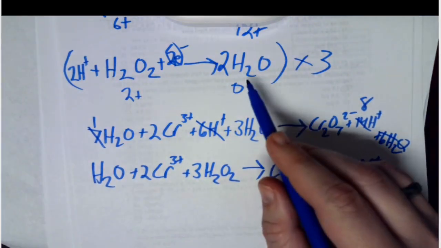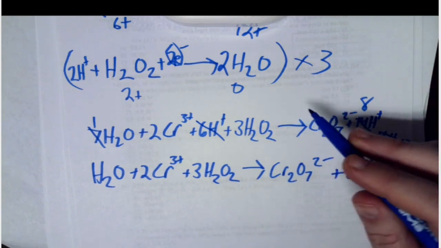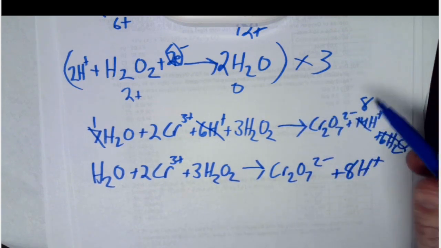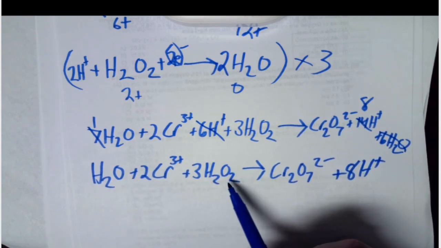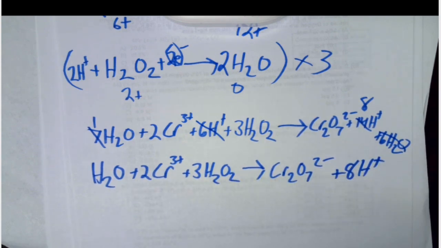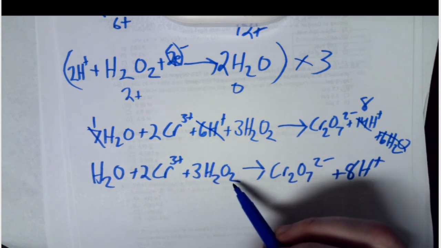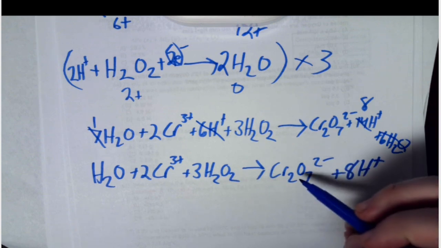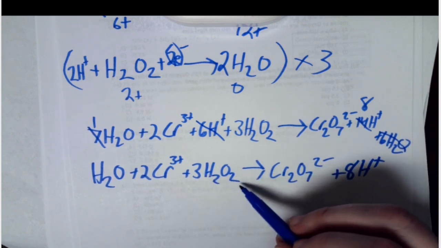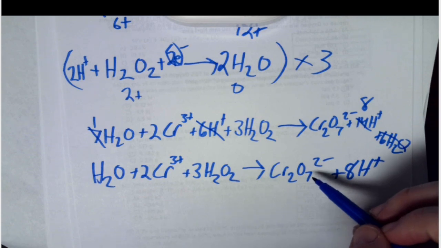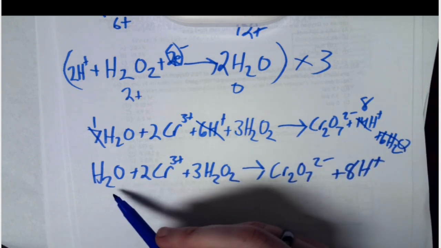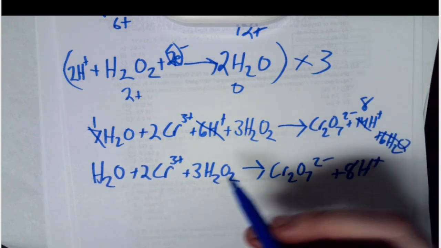We've lost our water from the right side. We lost our source of oxygen. So where is the oxygen going to? Well, the oxygen from the peroxide is going into the dichromate. So it all works out in the end. Because let's look. 3 times, so 2 chromiums, 2 chromiums. 3 times 2, 6, plus 1, 7 oxygens. 6, 7, 8 hydrogens, 8 hydrogens.